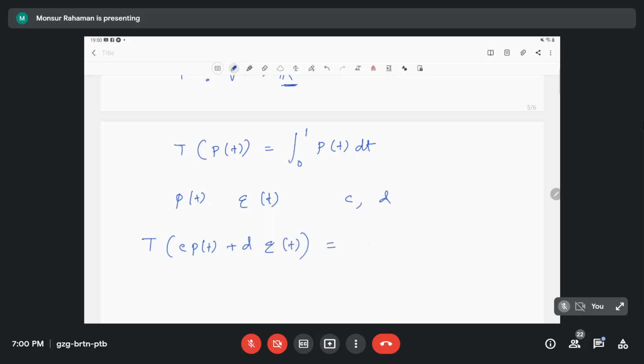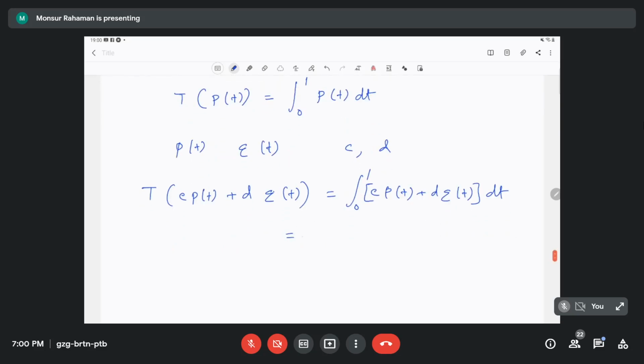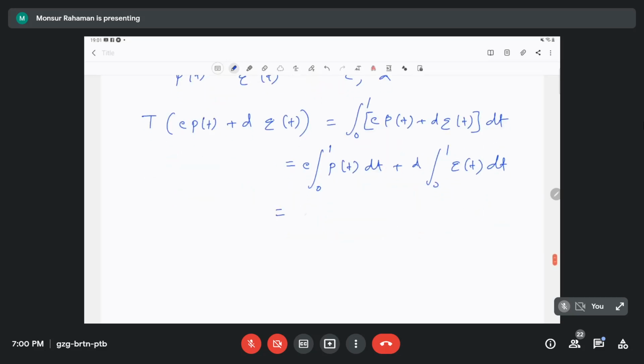Apply the rule. Because the integration follows the linearity condition, you can write it in this way. So this is c times the integral of p(t) plus d times the integral of q(t). So this is a linear functional.